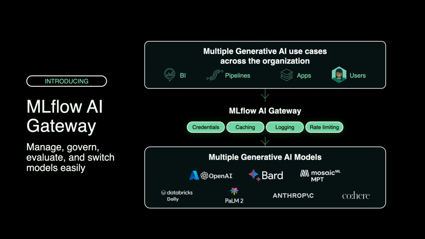Everybody's all hyped up about how amazing these things are and they say they want to use this. And the ML engineering team or IT ops are the people that are issuing keys. You don't really want to issue 20 keys to 800 different people and hope that they know how to manage those correctly, that they're not leaked in code, that they're not used inappropriately. So the gateway provides credential management.